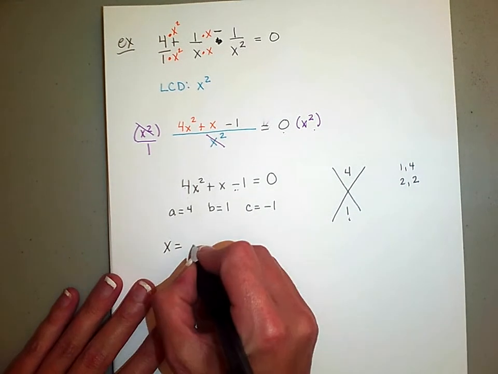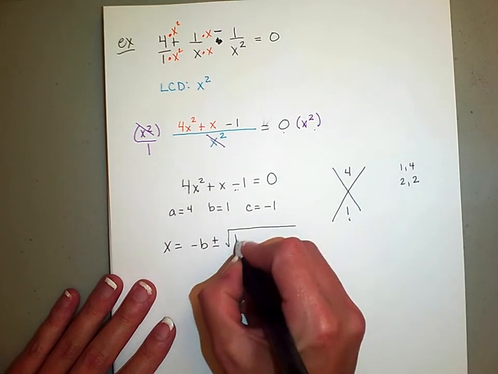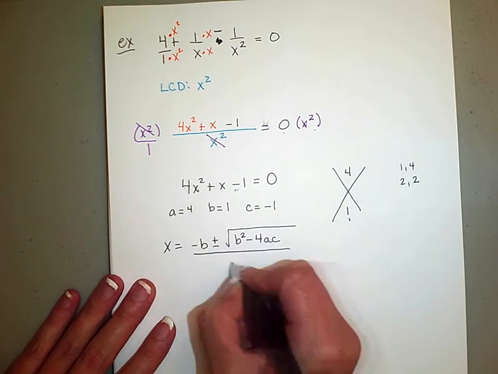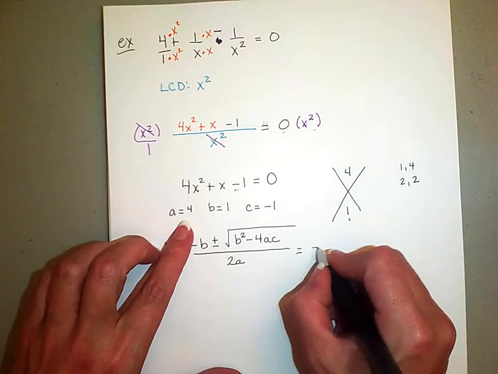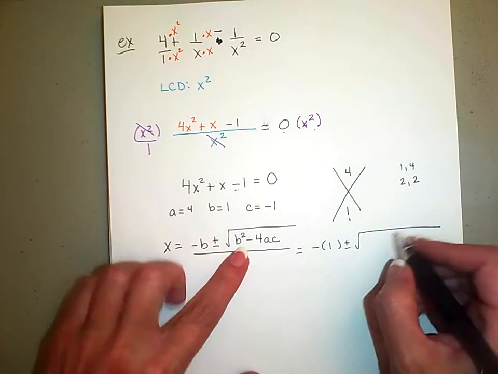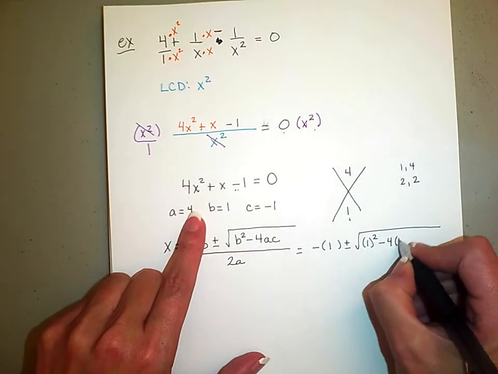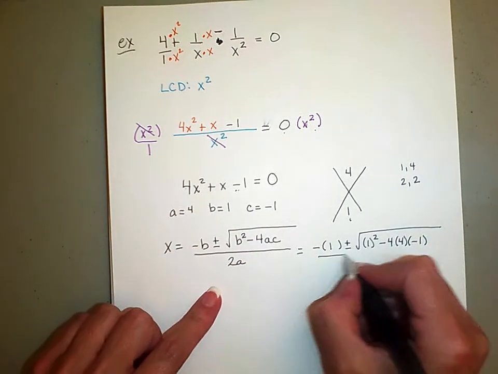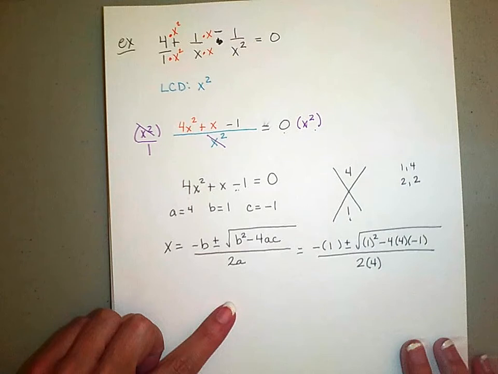So the quadratic equation says that x is equal to negative b plus or minus the square root of b squared minus 4ac, that entire thing over 2a. So here we go. Negative from the formula, 1 plus or minus the square root of 1 squared minus 4 times a, which is 4, times c, which is negative 1, all over 2 times a, which is 4.